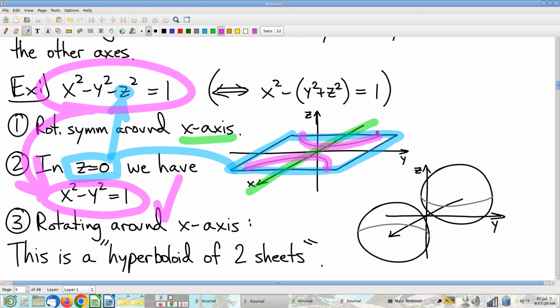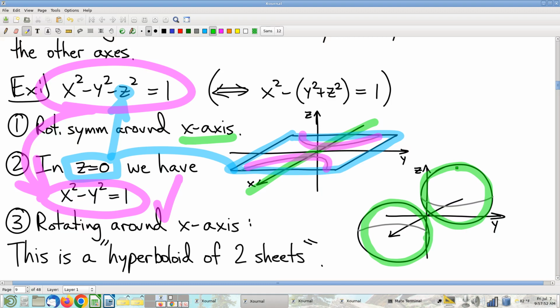Rotate that around the axis of symmetry, the x-axis. And all together, then, you get, oh, this is really hard to draw. I like to think of this as, to me, these look like contact lenses, and the contact lenses are kind of pointing toward each other. I don't know. That's the best I got.